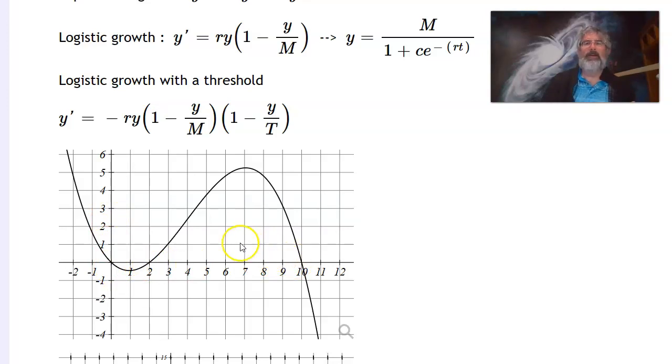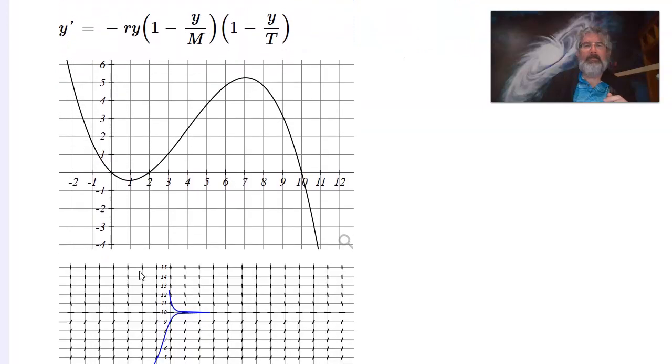What can I see here? Well, between 2 and 10, the slopes are all positive. These y prime values are positive, which means I'm headed uphill. But between 0 and 2, y prime is negative. So in that case, I'm headed downhill.